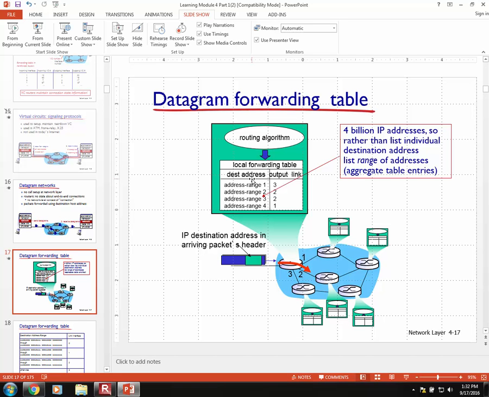Obviously, there's 4 billion IP addresses, so you're not going to have data on every single IP address, but rather each router is aware of different ranges of addresses, which we usually refer to as IP subnets. And based on the different address ranges, we send the IP packets out of different output links.